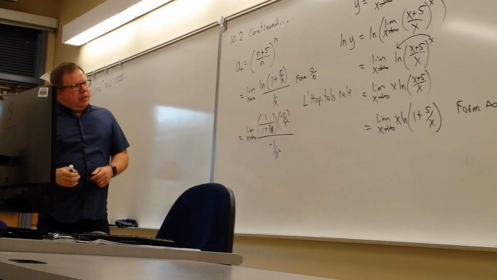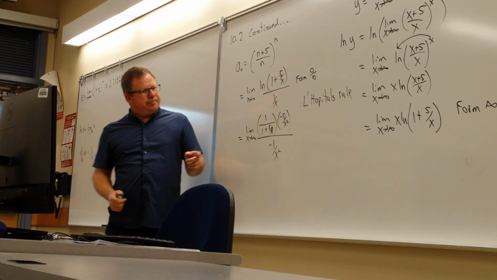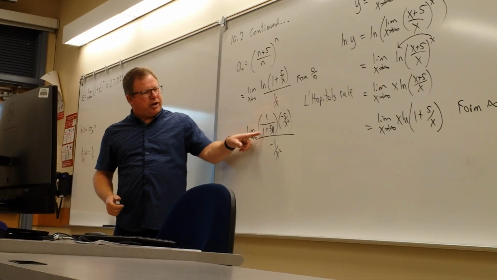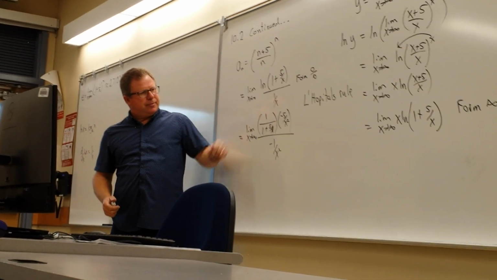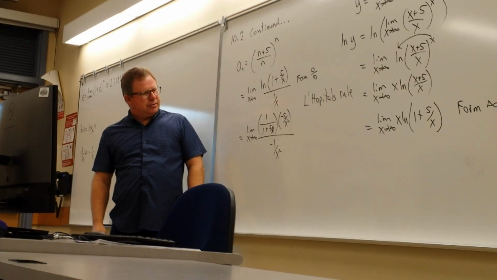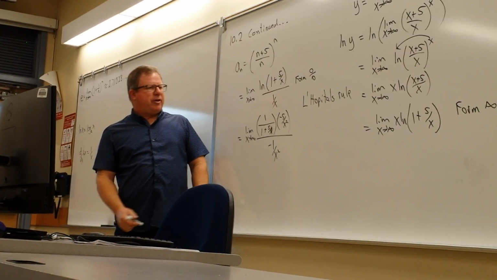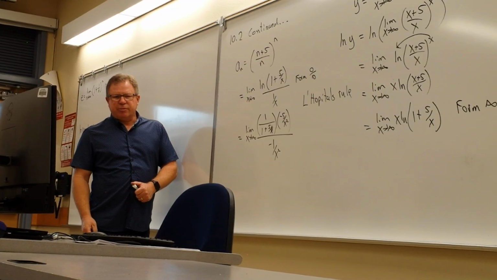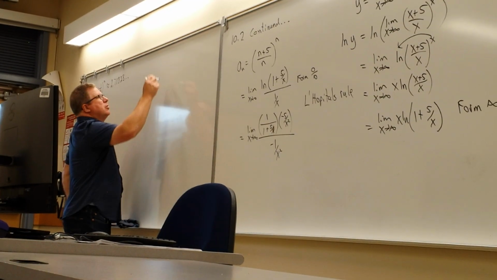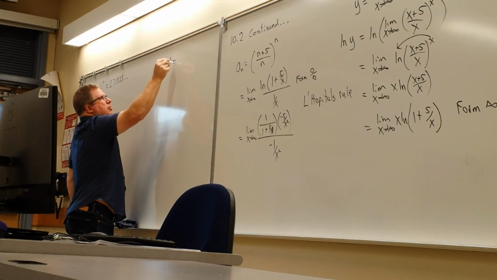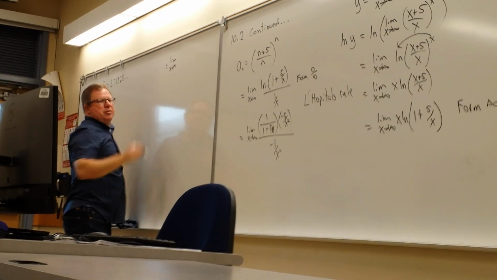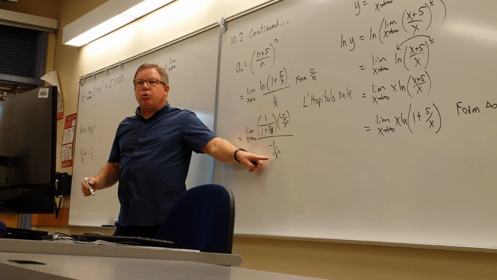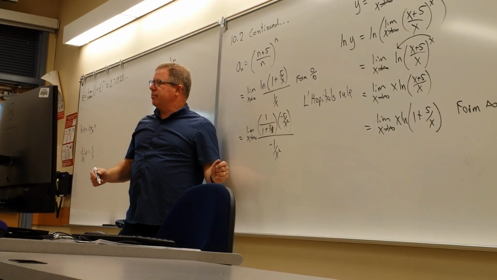All right, now let's do this limit. What's the limit in here going to work out to? Well, actually, let's not do that limit yet, but what can we do here to simplify? When we divide by a fraction, we multiply by the reciprocal.